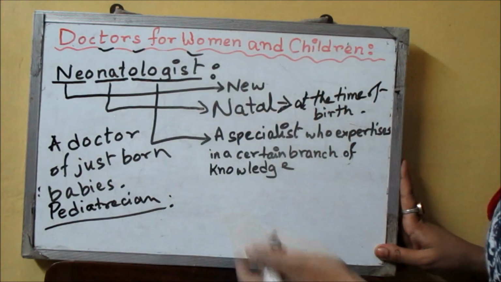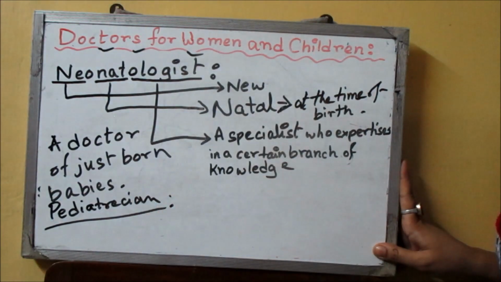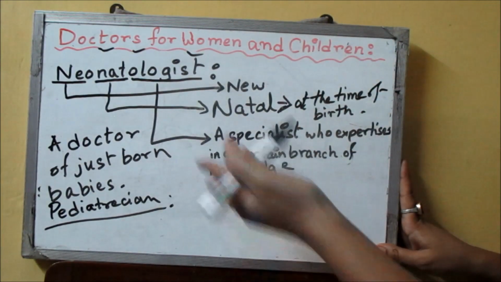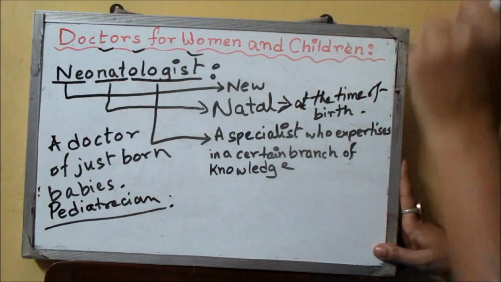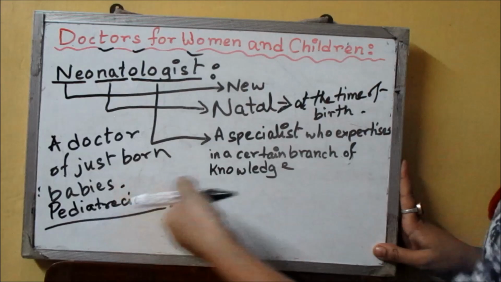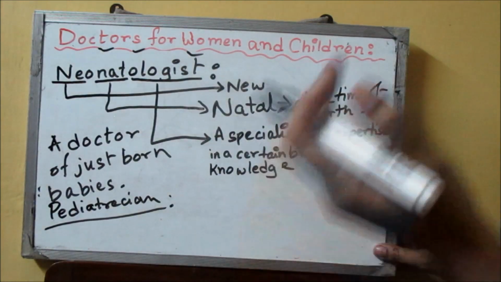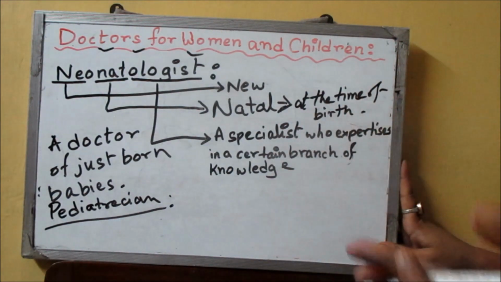Both deal with babies, but the pediatrician deals with babies who are slightly older than the just born. Okay, so a neonatologist only deals with children who are just born, and the pediatrician deals with babies henceforth, from a few days older at times, a few months older.